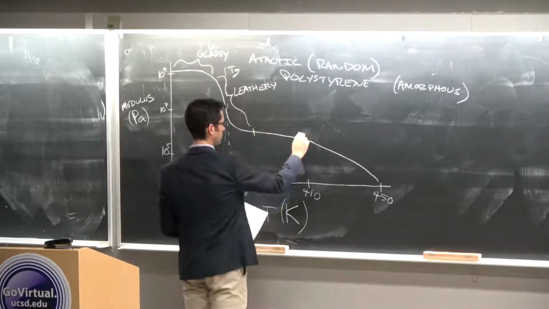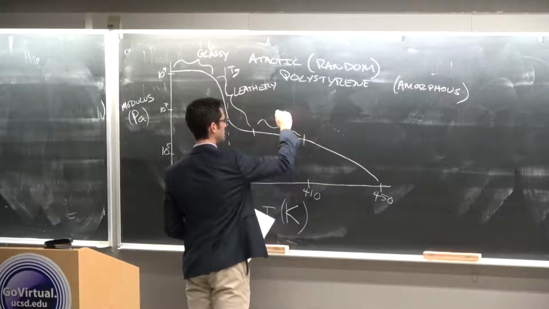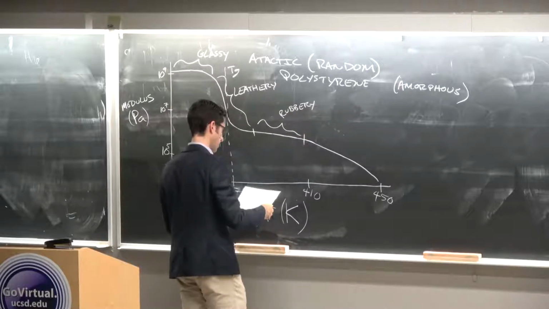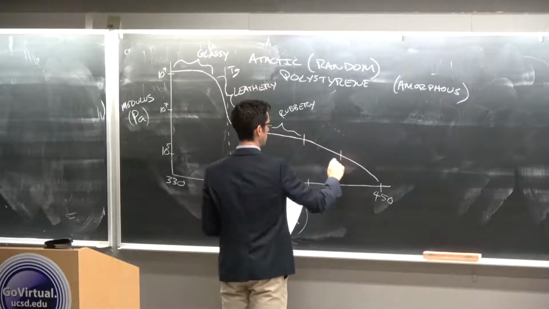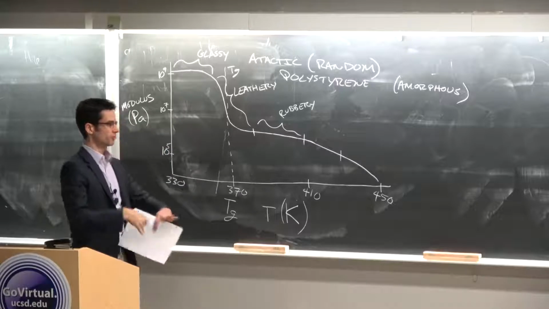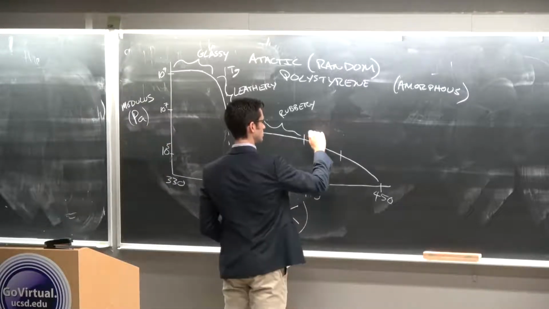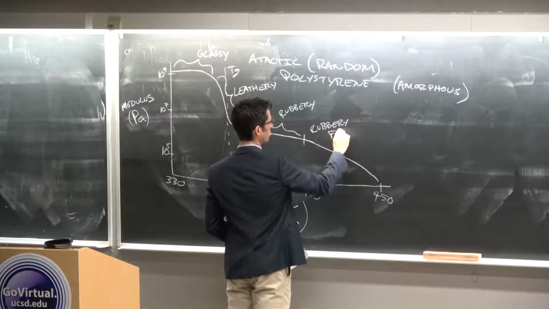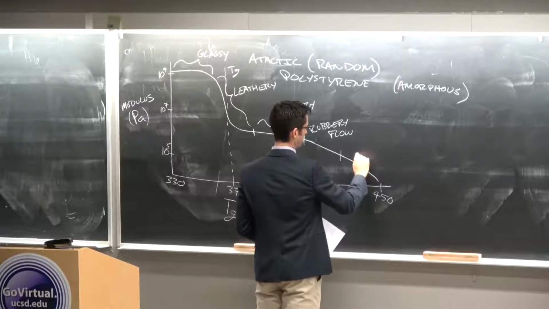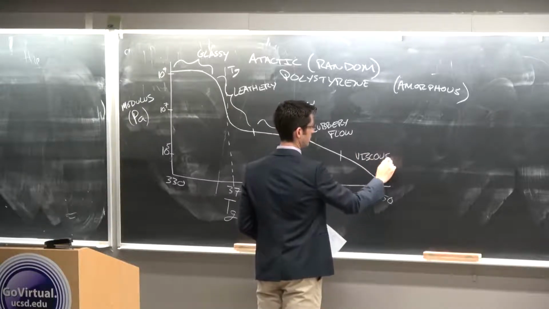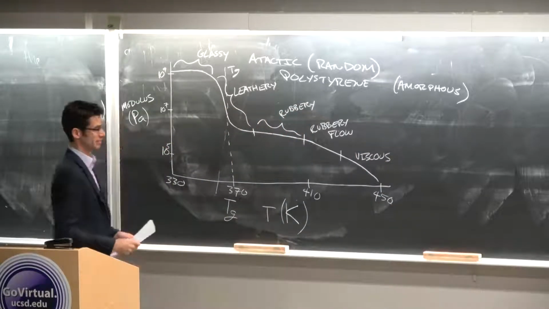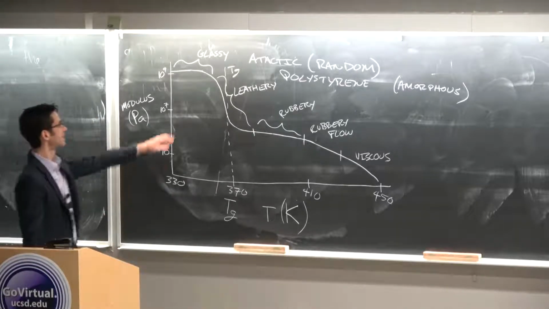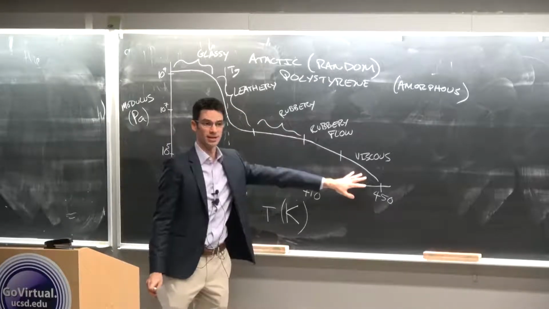The regime here, where it doesn't change much, is rubbery. Then we have some more flow in the system. So we call this rubbery flow. Then you have a pure viscous response, which has very little elastic recovery in the system. So high elastic recovery, very low elastic recovery.